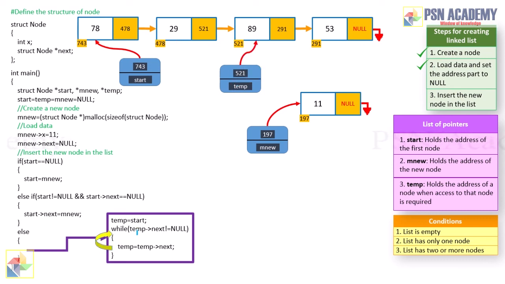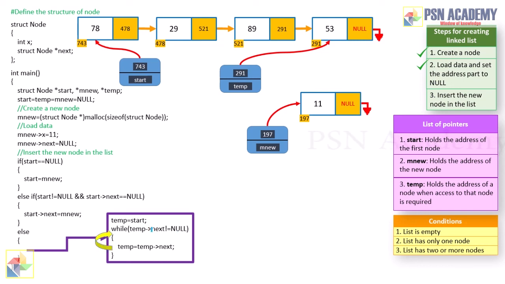Now you get back and check again. Temp next is null or not. So you see here, temp next is 291. It's not null. So get inside and copy the temp next 291 to temp, and it becomes this.